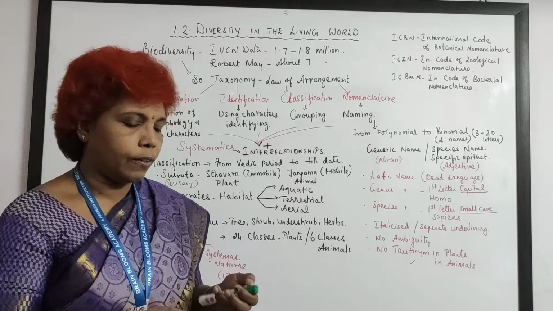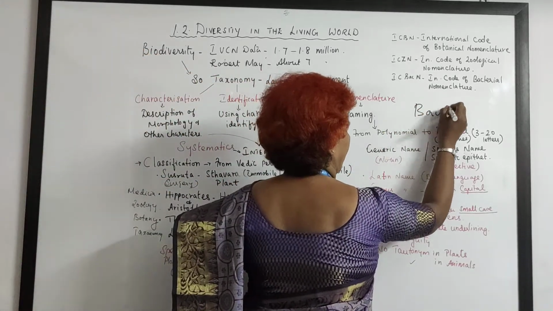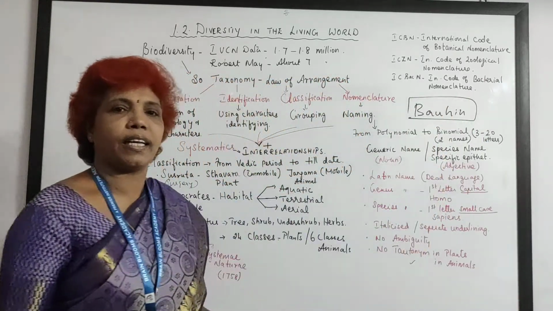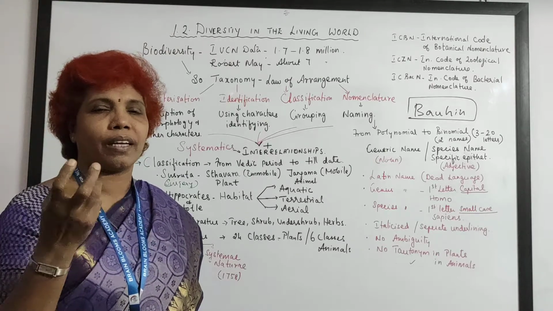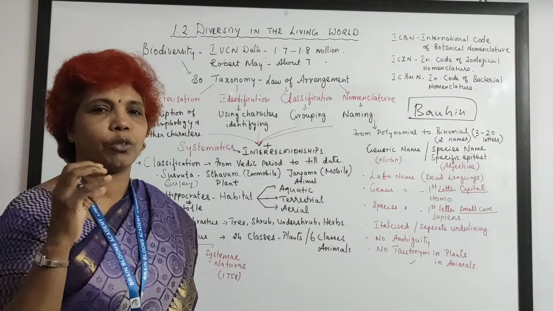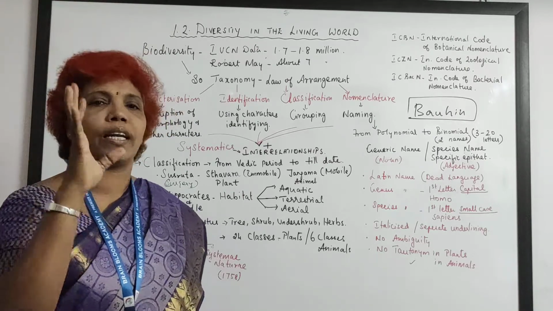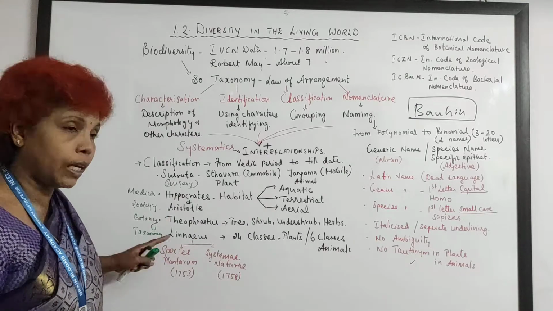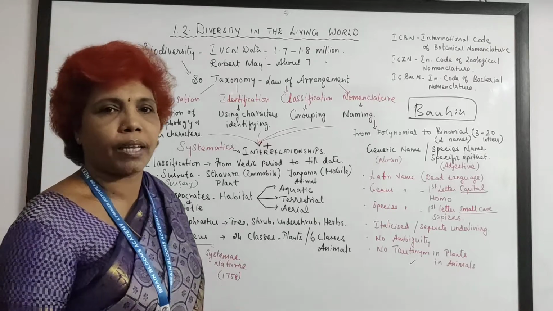Later on, the scientist Caspar Bauhin gave the idea that let us have a binomial kind of system to avoid the confusion and to remember easily. But the absolute credit goes to Carolus Linnaeus, because he used the binomial system in his Systema Naturae.